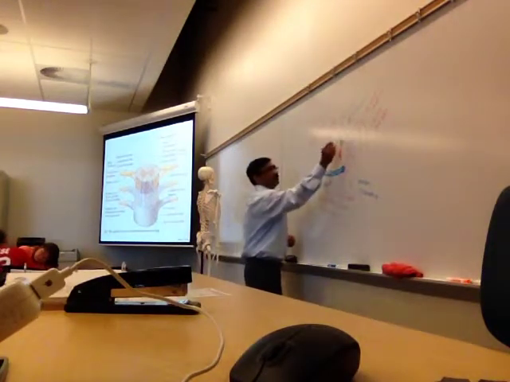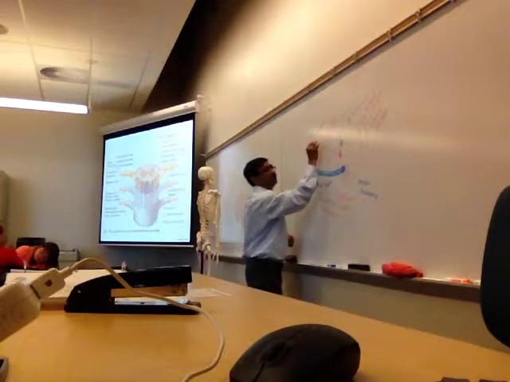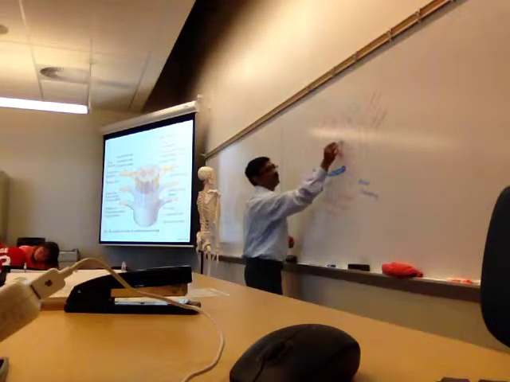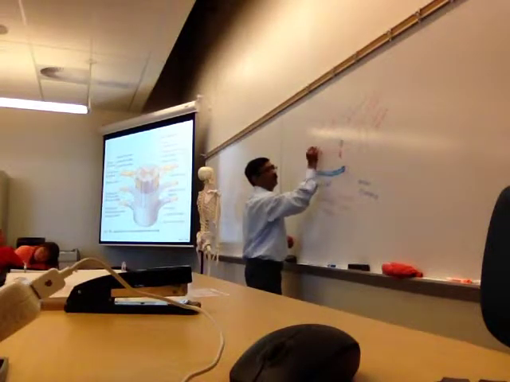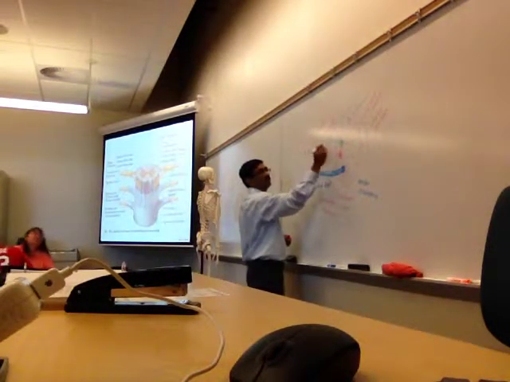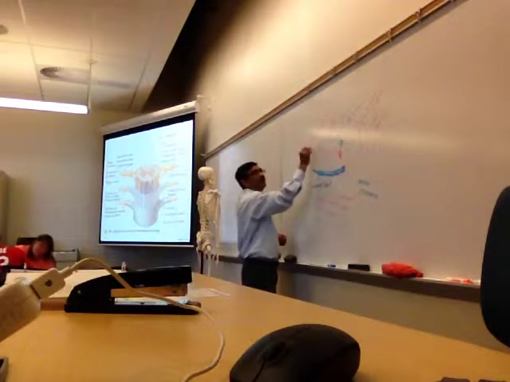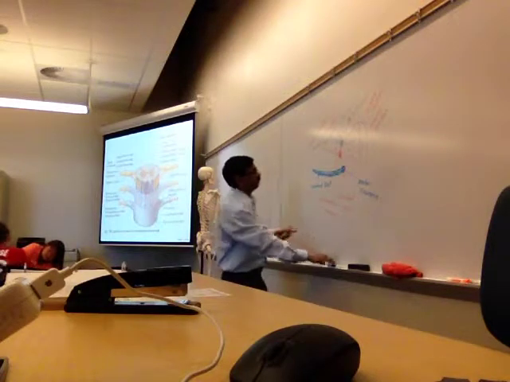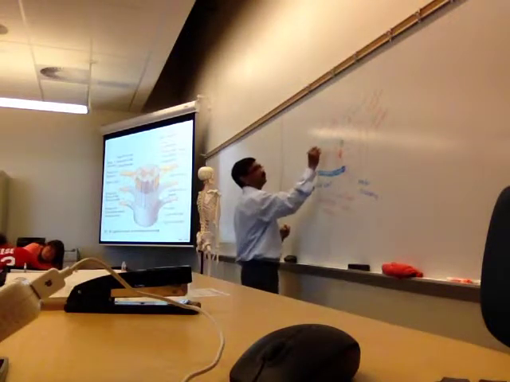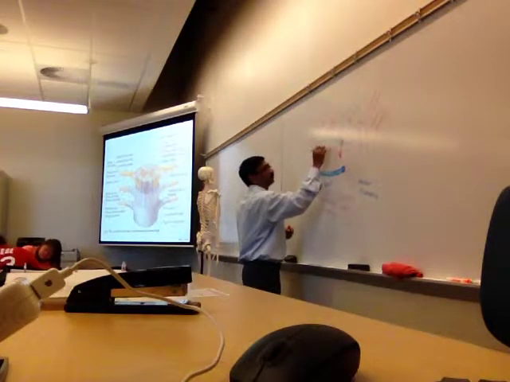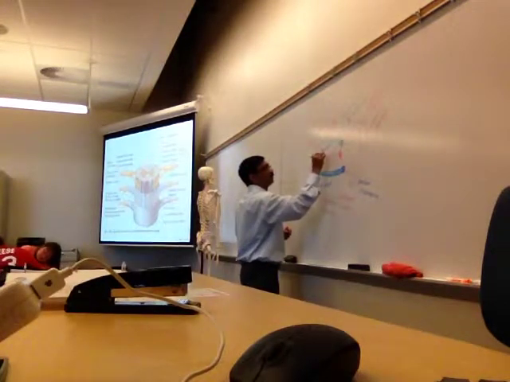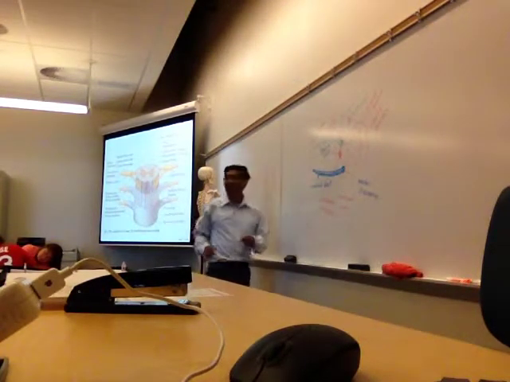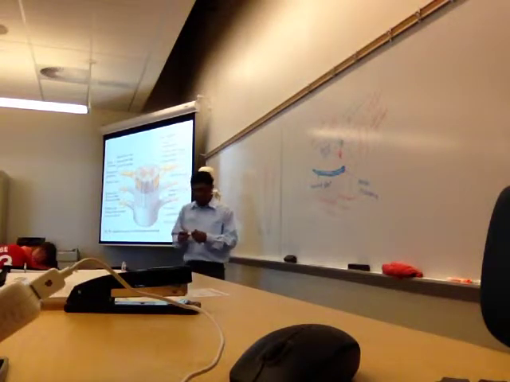And those fibers are connected to the dorsal horn neurons, that means sensory neurons. They also bundle together and form what? Dorsal root. So this is dorsal root. Okay?